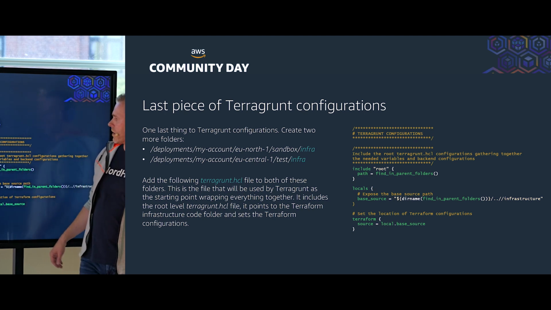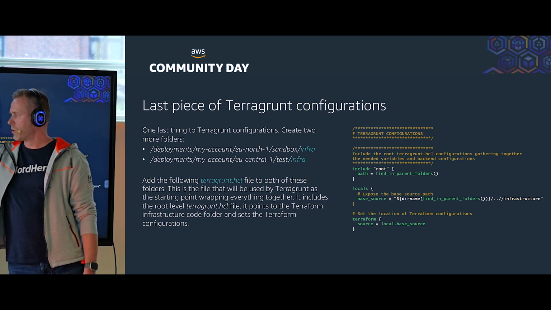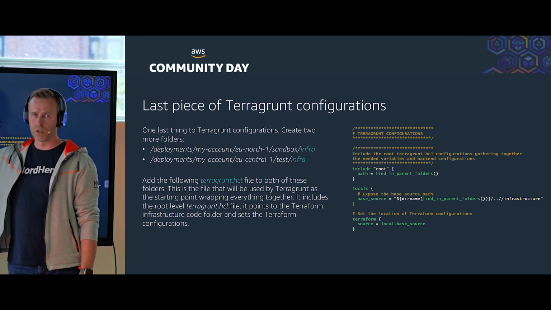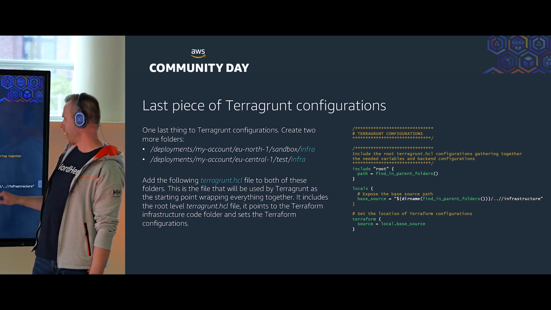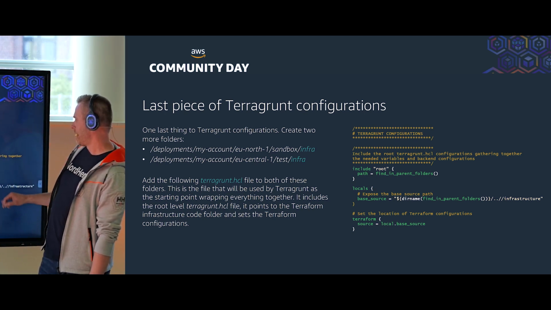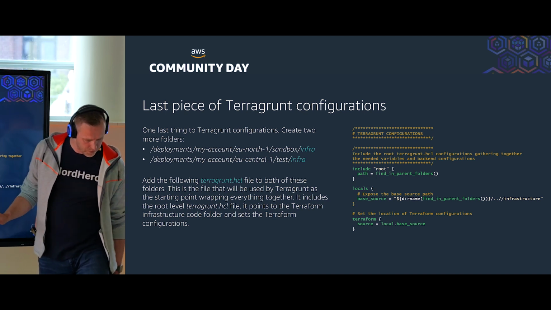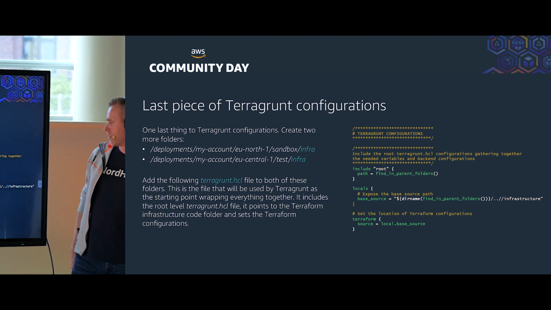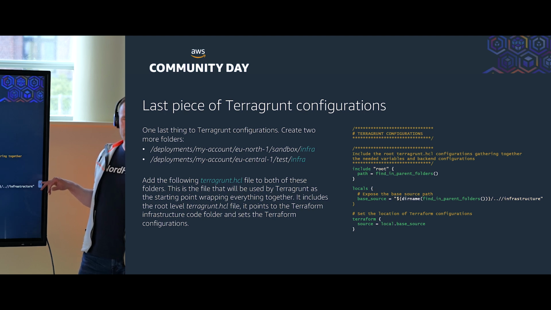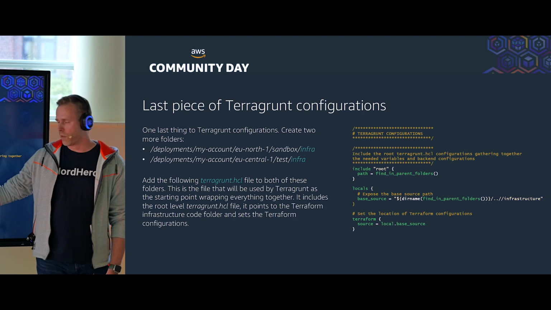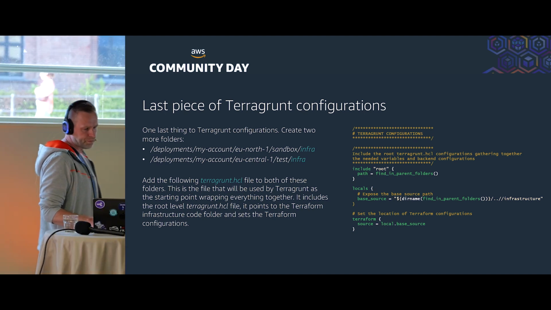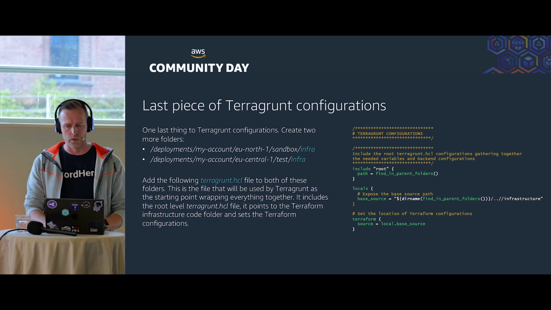The first thing it does is find the way to the root so that it can check all the variables throughout the way. And it sets the Terraform source, so it checks where the actual Terraform code resides, and it configures Terraform to be used. So that's all.